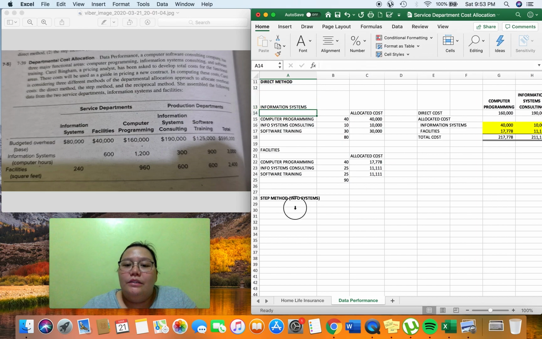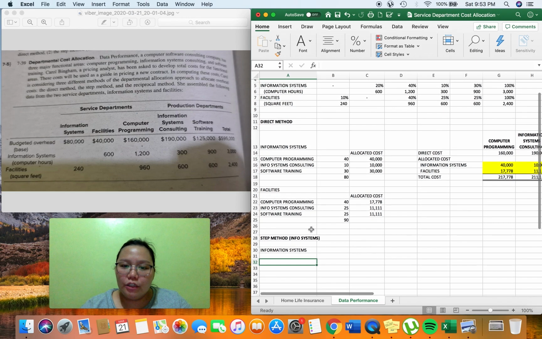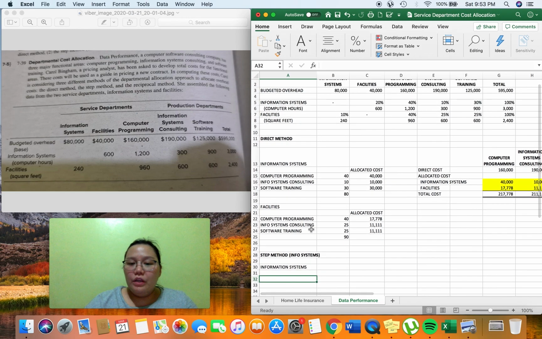Systems, yeah. Okay? Now, what are we going to do? If we are going to allocate the information systems cost first, information systems muna yung i-allocate natin. Since step method na nga to, medyo we partially recognize the reciprocity among the service departments.